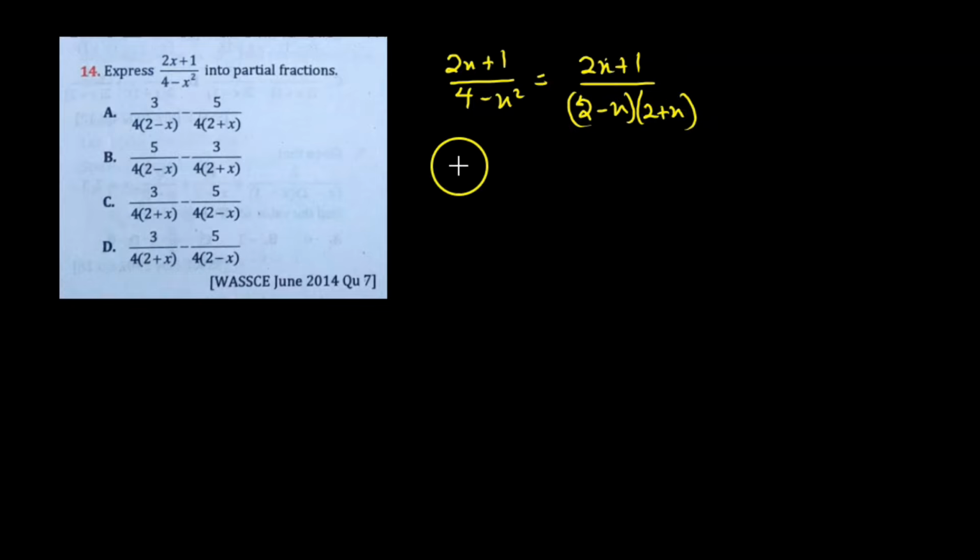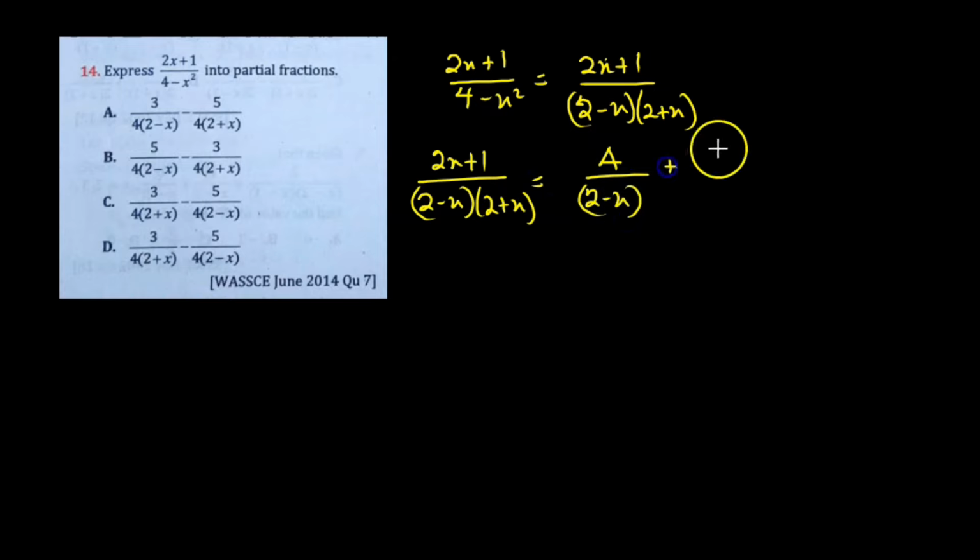Then now we can resolve that. So (2x plus 1) all on (2 minus x) times (2 plus x), writing the partial fraction to be A on (2 minus x) and then plus B on (2 plus x). That's what we have.